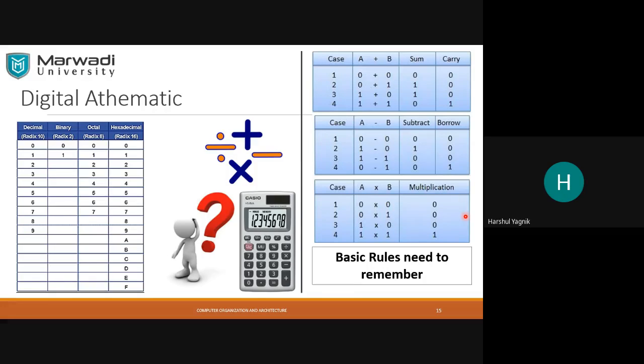Now, what are the basic rules we need to remember regarding arithmetic operations on numbers?